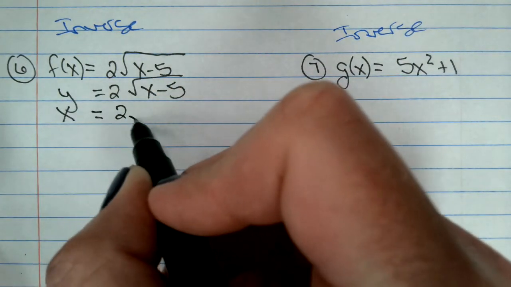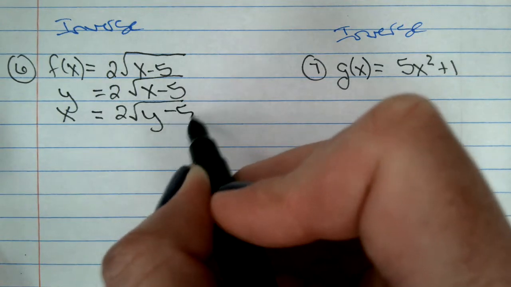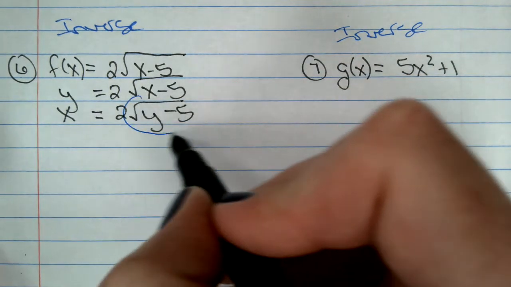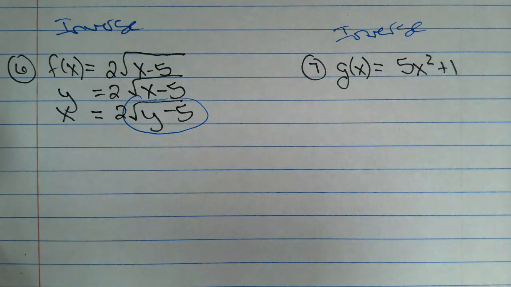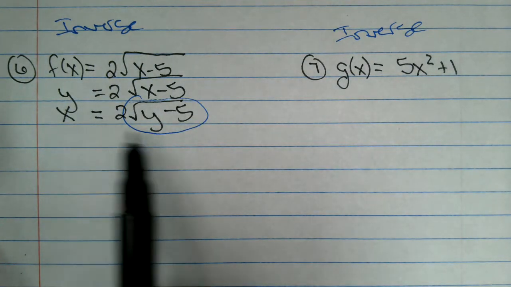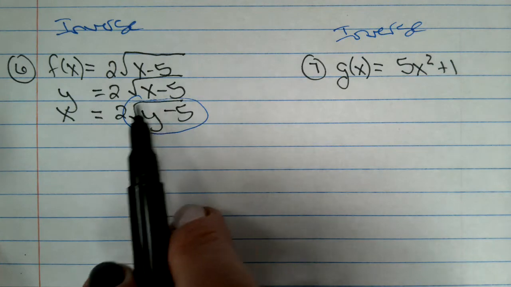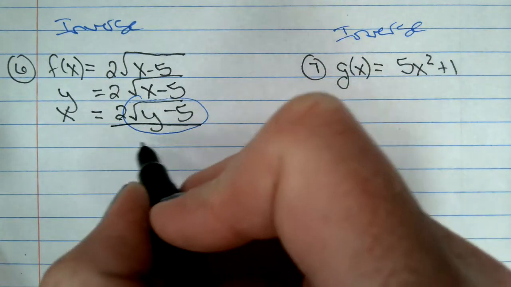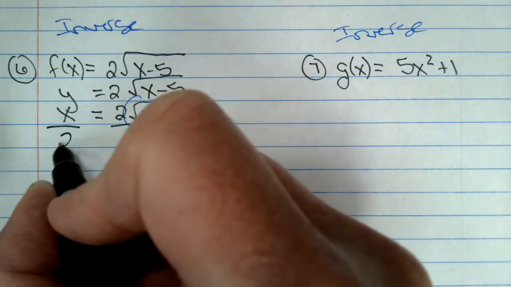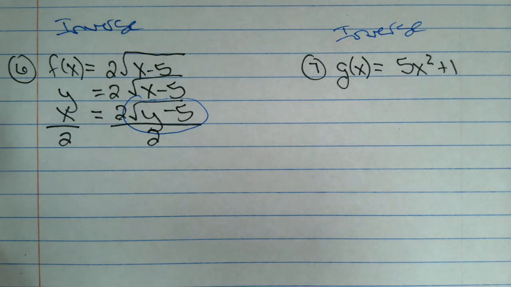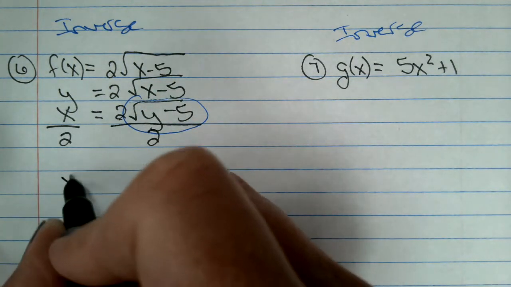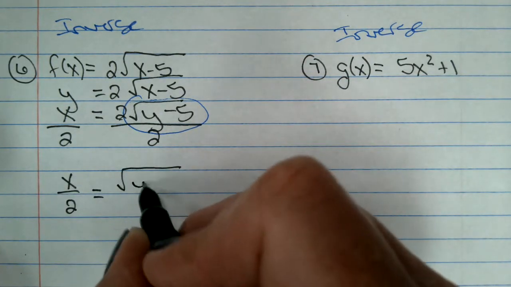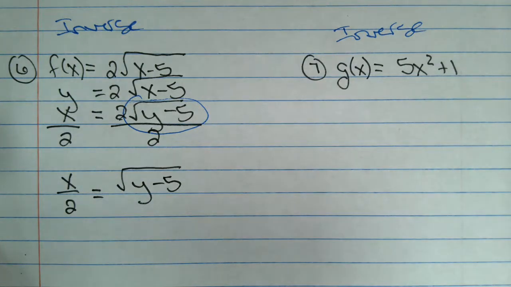So x equals 2 radical y minus 5. You always want to isolate your radical before you try to get rid of it. So 2 radical, that's multiplication. I'm going to undo that, and I'm going to divide both sides by 2. So I have x divided by 2 equals radical y minus 5.